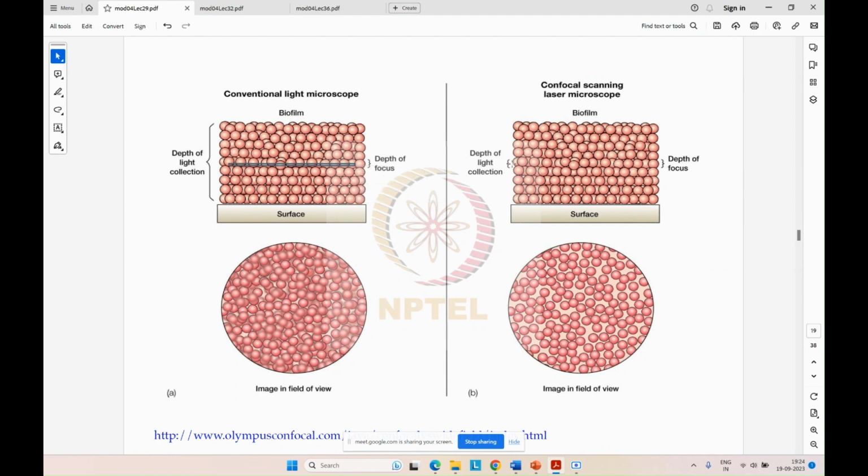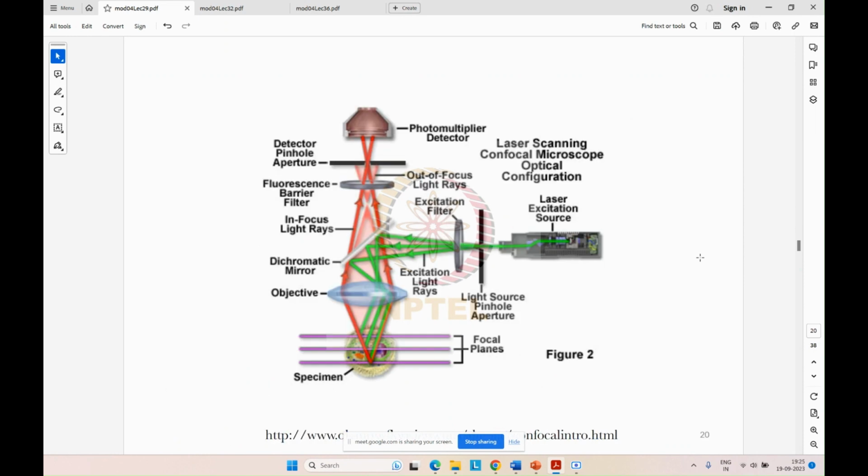But with confocal microscopy, because of how the polarizers and the filters are present, you only focus on this layer. Now there are two types of confocal microscopy. This is something known as a scanning laser microscope. There is a second type called spinning disk microscopy. The scanning laser microscope is slightly better at obtaining images and at processing them as compared to the spinning disk microscope.